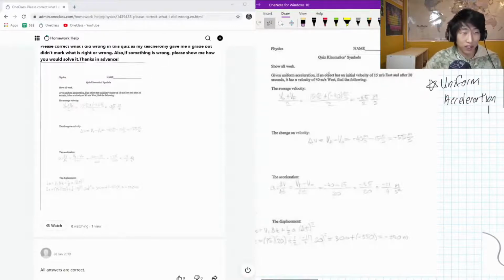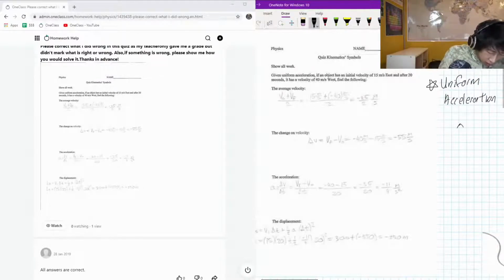So, given uniform acceleration, an object has an initial velocity of 15 meters per second towards the east. And after 20 seconds, it has a velocity of 40 meters per second to the west. Thinking to our compass, we know that our compass looks a little bit something like this. Never eat shredded wheat. A great way to remember it.